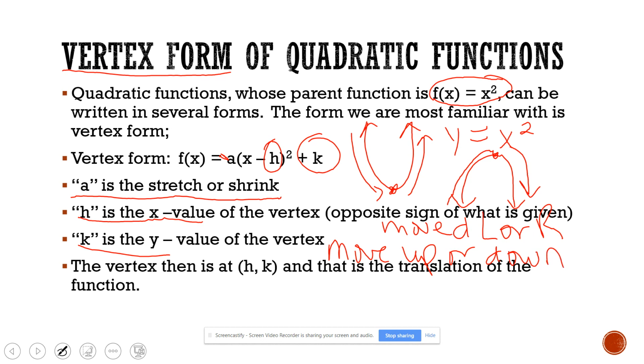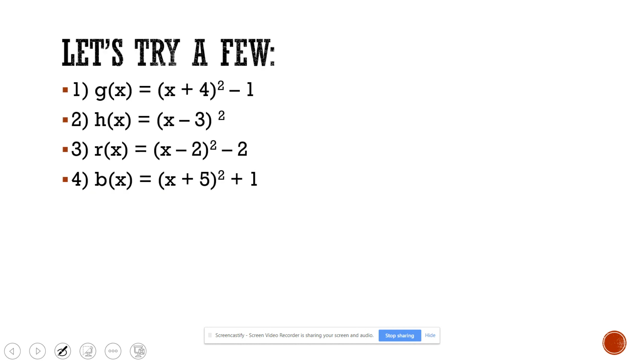So we're still talking about moving left, right, up, down, stretch, shrink, reflect. It's just in a different format, and we know for certain that the h and the k are the vertex, or where the middle of our parabola is going to be.